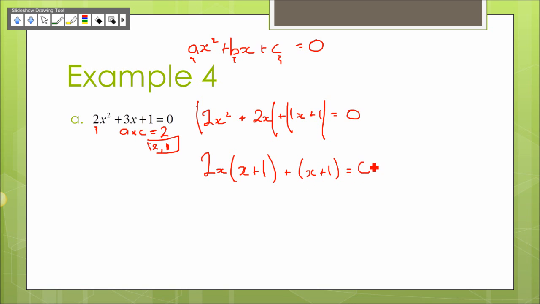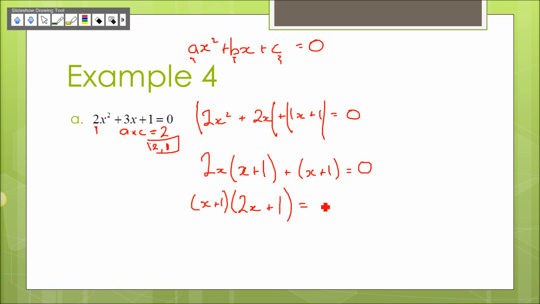Now I've got two terms here now that I've taken out common factors, and these two terms have in fact another common factor. This time this term here has an x plus 1 and this term here has an x plus 1, so I'm going to take out another common factor of x plus 1 and I'm left over with the 2x and plus 1.